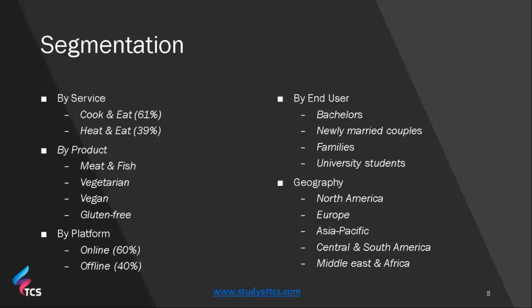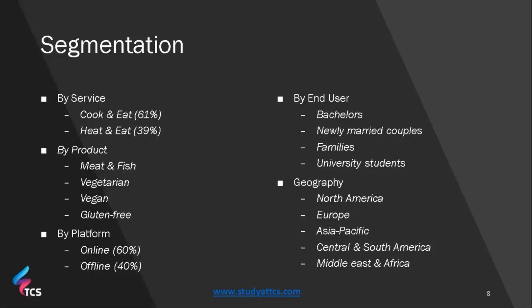So cook and eat market share is 61%, and 39% of the customers are looking for heat and eat. They are not too interested in cooking. Instead, they would rather order pre-cooked meals, heat it and eat it. So that's 39% of your customers.